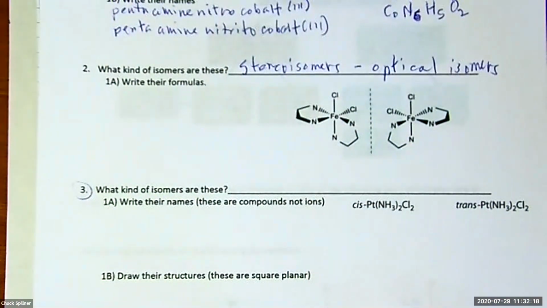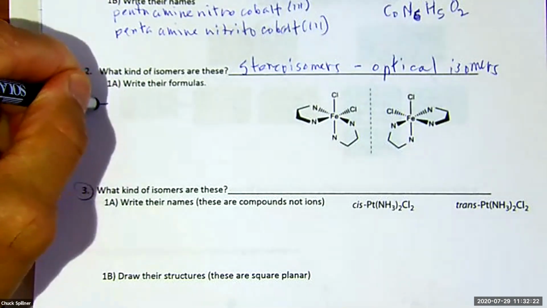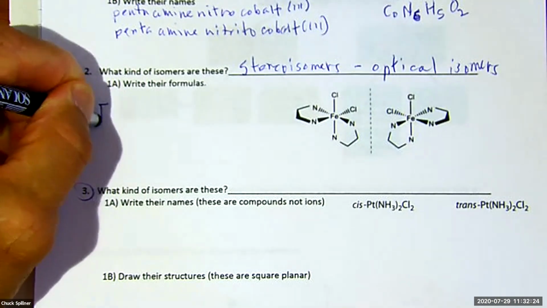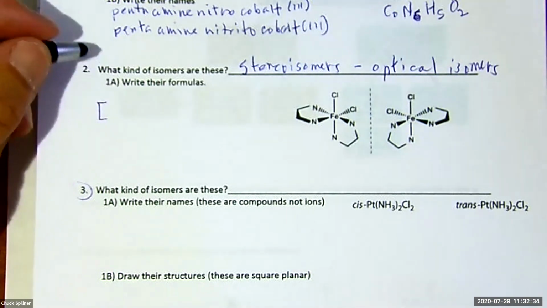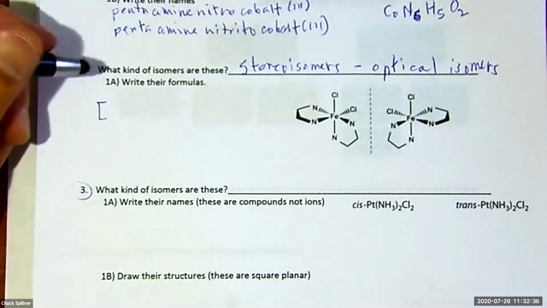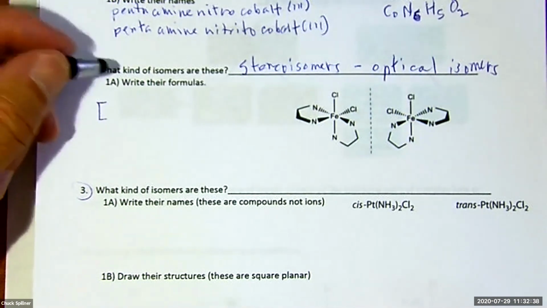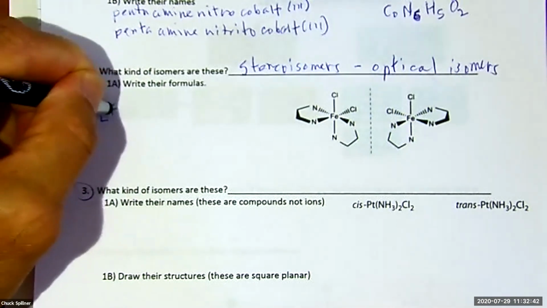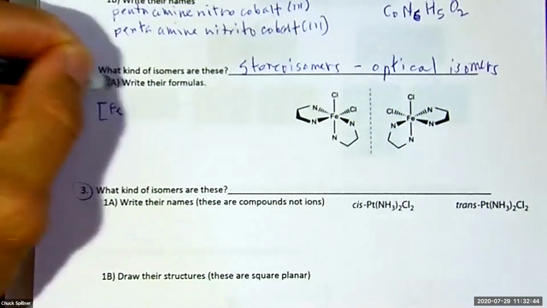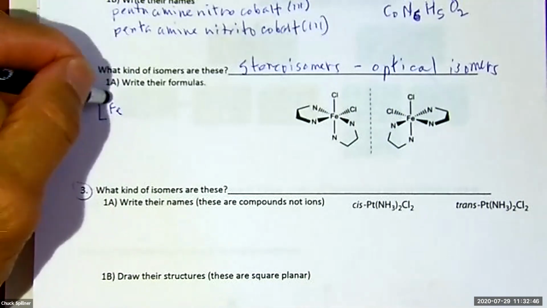And what else? They write their formula. So the formula would be, let's see, these are ligands. I don't know what the charge is. It could be an iron 2, and then it would be neutral. If it's iron 3, it'd be a +1. So I'm not sure what it is, but I can write this. So we have iron, I'll put it in brackets, because everything within the coordination sphere, if you remember, is in brackets.